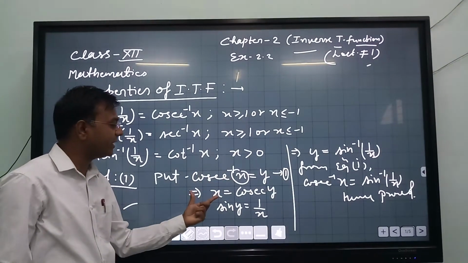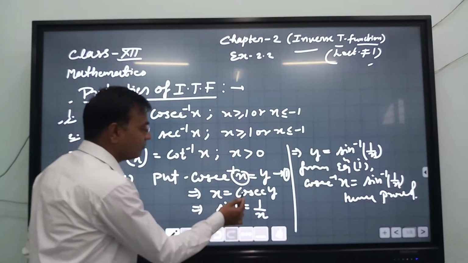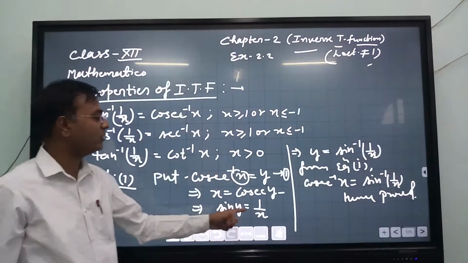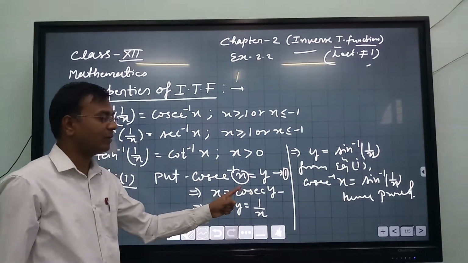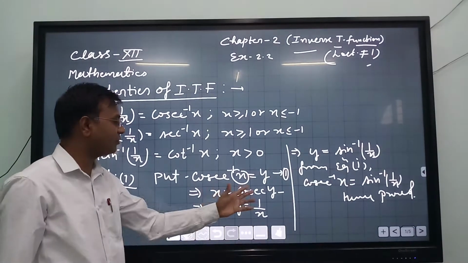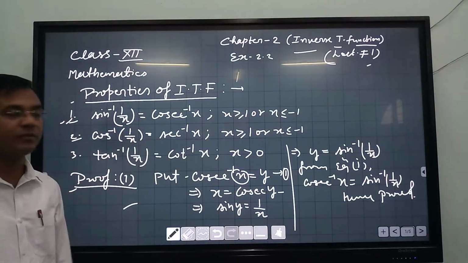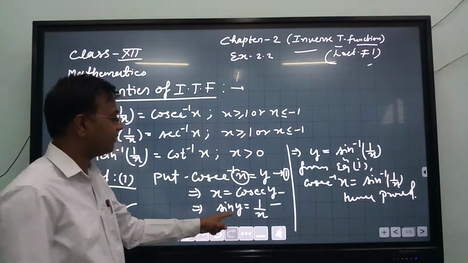So this becomes only x and this becomes only cosec y. Now we know that cosec y is the reciprocal of sin y, that is cosec y equals 1 upon sin y. So if we take the reciprocal, 1 by x, we will get the value of sin y, right? Now we can find the value of y.